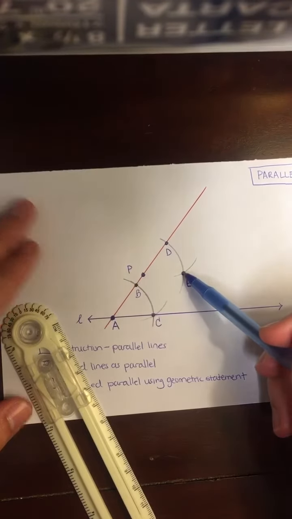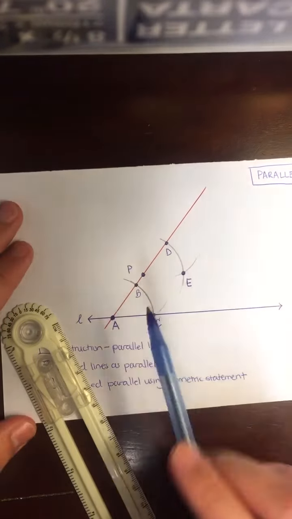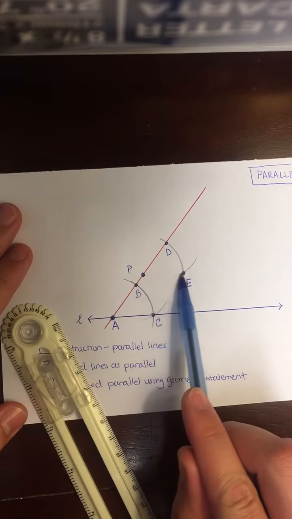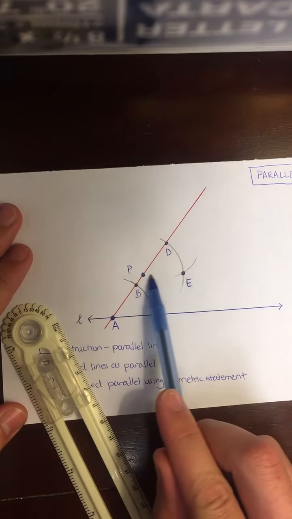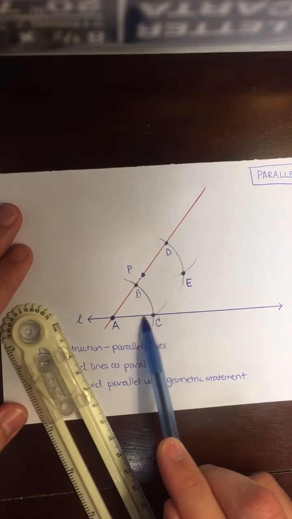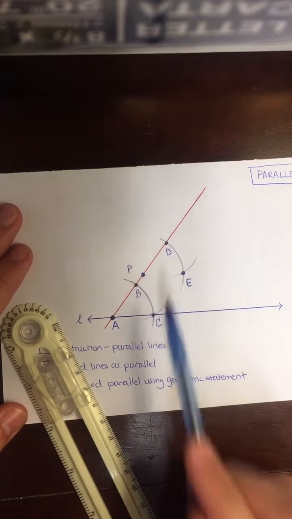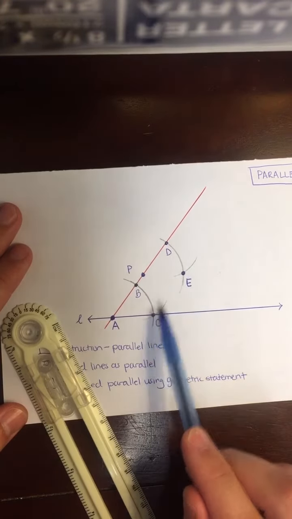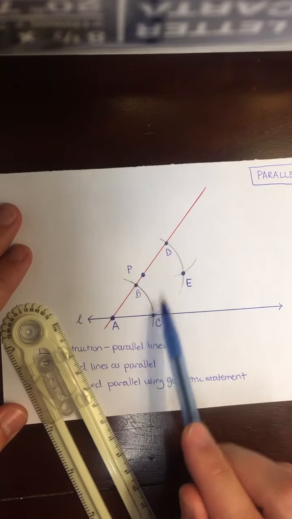This E is the really important point, because if I now draw a line from P to E, it's like my line from A to C, except it's up above, such that it is now parallel to my line down below.